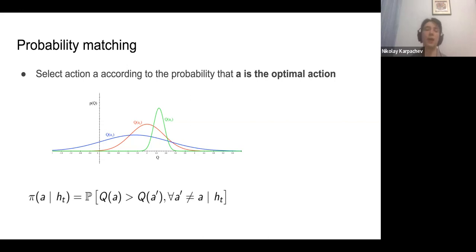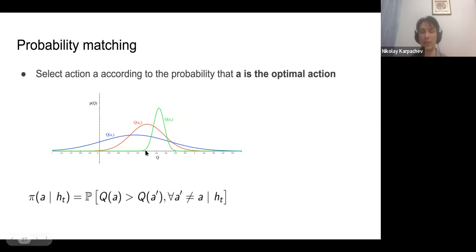So instead of estimating the upper confidence bound for each action separately, instead of looking how good each action is in the best case scenario, we take the probability that A1 is the best, then we take the probability that A2 is the best, then we take the probability that A3 is the best, and then we select actions according to this probability.